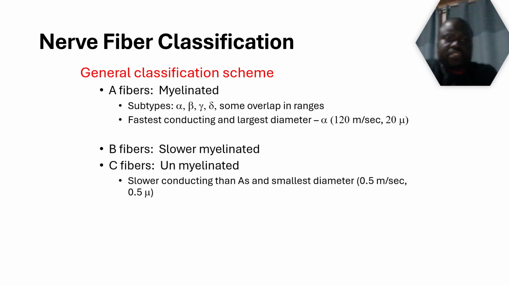So the general classification scheme indicates that we have type A, type B, type C. In this order, the type A are the largest in diameter, and the type B follow, and then the smallest in diameter are the type C. Because of this, the type A are fast conducting because they are large diameter, and type B follow, then the slowest is type C. As well to note is the fact that while type A and B are larger diameter, they are also myelinated, meaning they are insulated, so they are more efficient in conducting impulses.